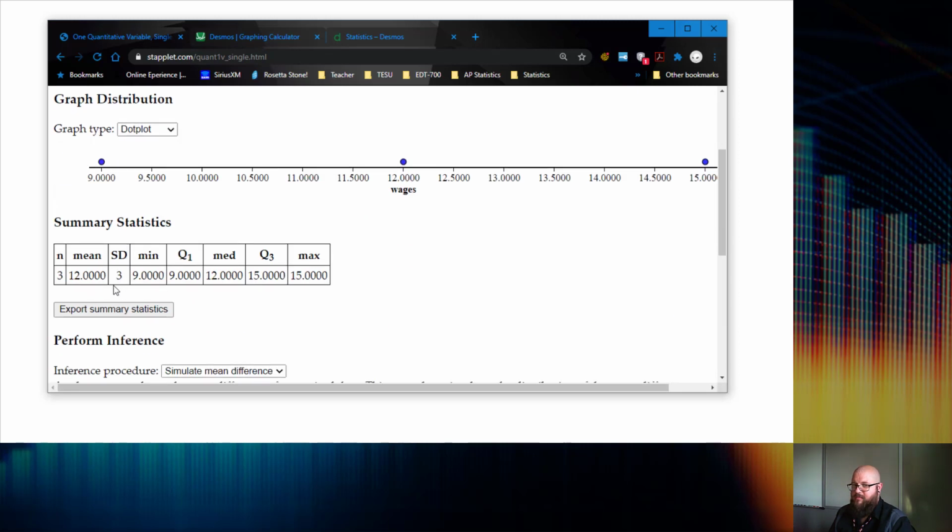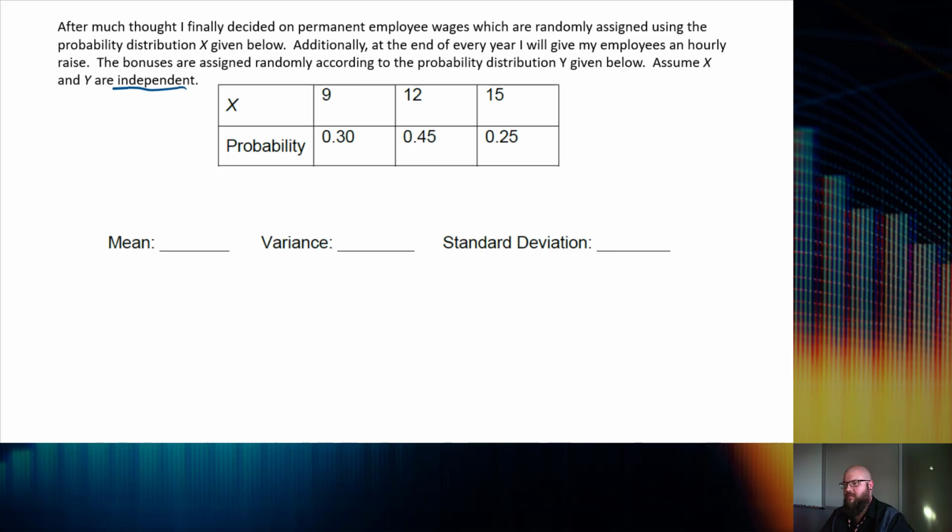And there we go. We got a mean of 12. All right, so we're going to find a mean, variance, and standard deviation. To calculate that mean, we have to use that equation, right? For our mean, sigma of x values times the probability.